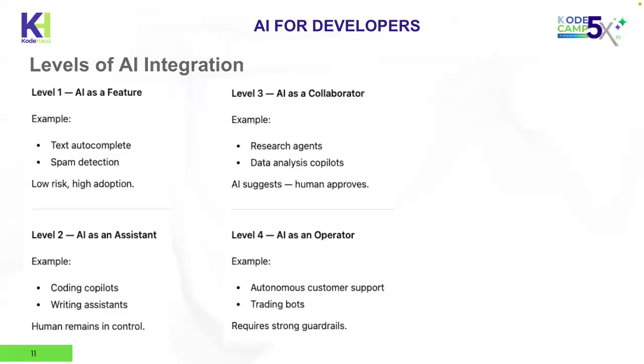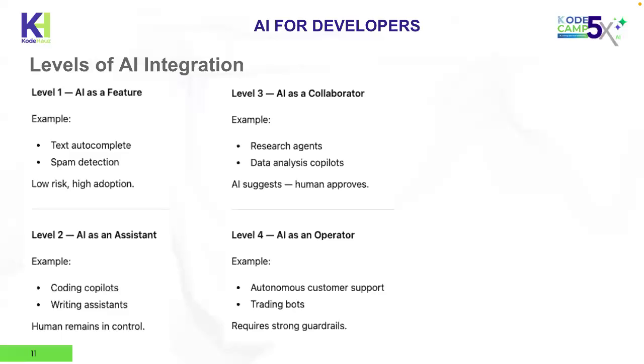Now, level three is AI as a collaborator. It is now an agent in the sense that it is autonomous. You actually give it things to do and it does it. And there is a lower amount of review of the work, the product of that agent, right? And in some situations, the AI suggests things and then you just approve, right?